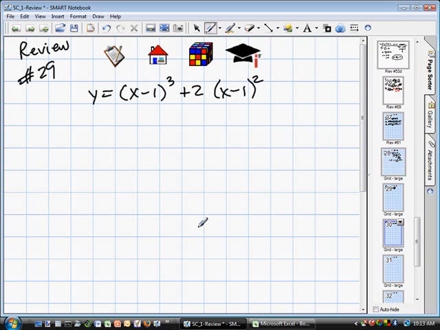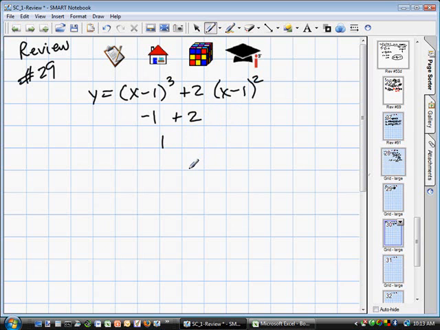Well, the easy one to get is the y-intercept, because all you got to do is set x equal to 0. So what happens when we do that? We get negative 1 cubed, which is negative 1, and over here we get negative 1 squared, which is 1, and 1 times 2 is 2, and we would get 1.